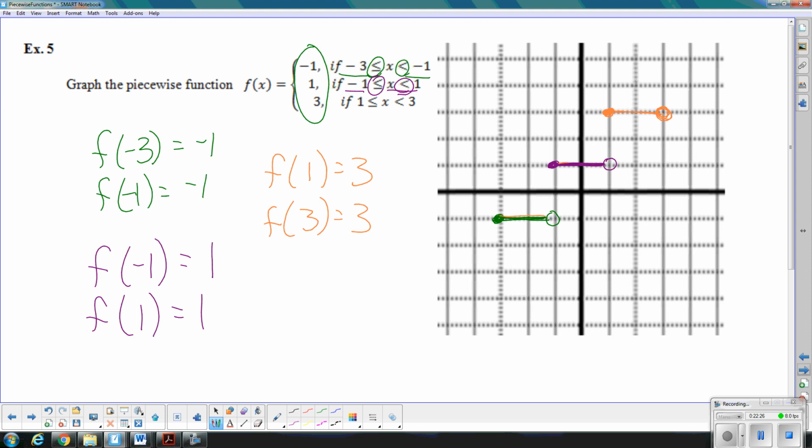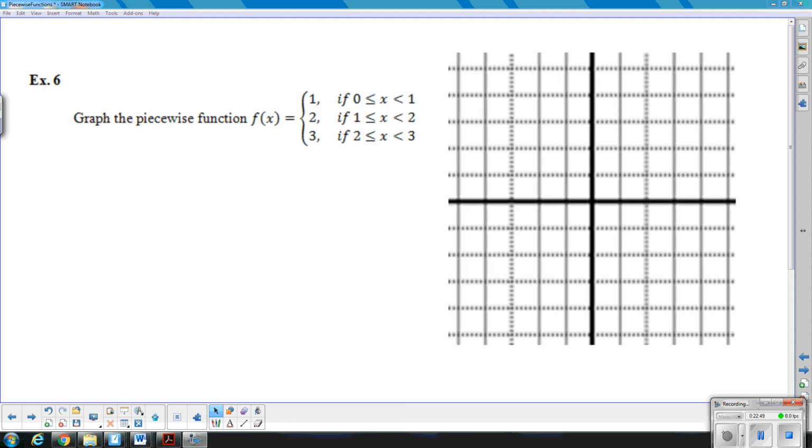So there's always a value here. This is included, although this is not. Negative 1 is included here, but not here, and so on. So our function's domain goes from negative 3 to 3, and each of those values are included in our graph.